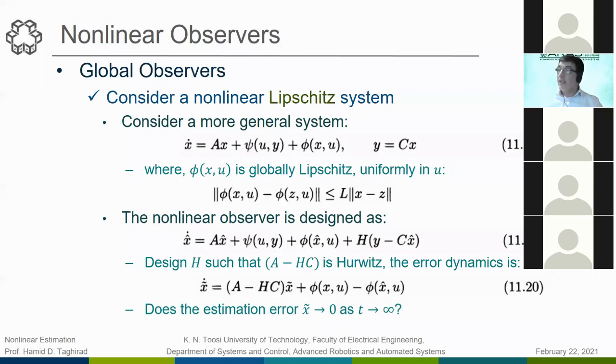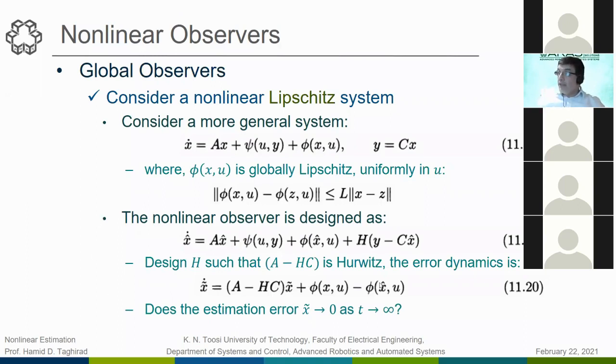answer the phone. Now, what will happen, that in the previous case, that was completely gone from the analysis. But here, it is not gone because phi of x hat and u is not exactly what we had in the dynamics of the system because of the state dependence of the phi.